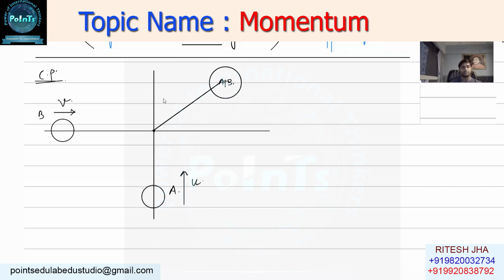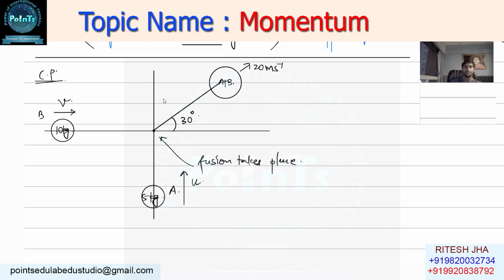Now let's say the mass of B is 10 kg, mass of A is 5 kg. After the collision, the fusion takes place, and then this fused sphere, A plus B, starts moving in this particular direction with 20 meters per second at an angle of 30 degrees.